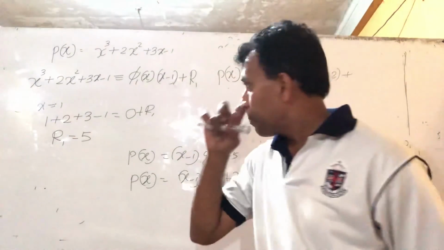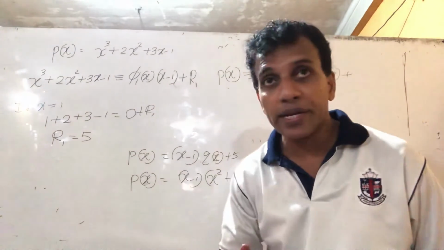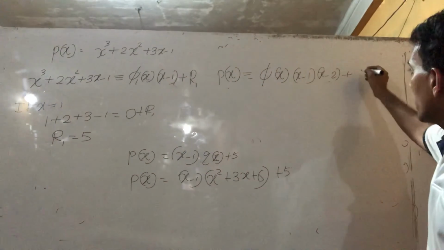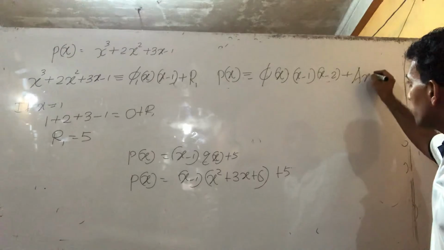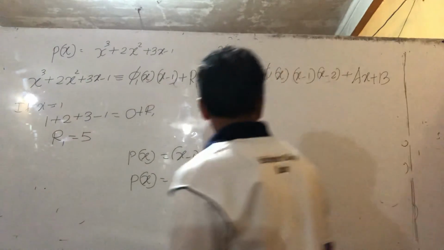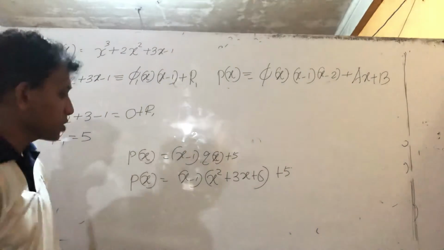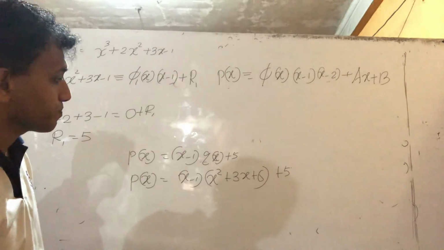You know, any polynomial divided by a quadratic polynomial, the remainder is a linear pattern, ax plus b. Can I take that pattern? Ax plus b form for this p(x).